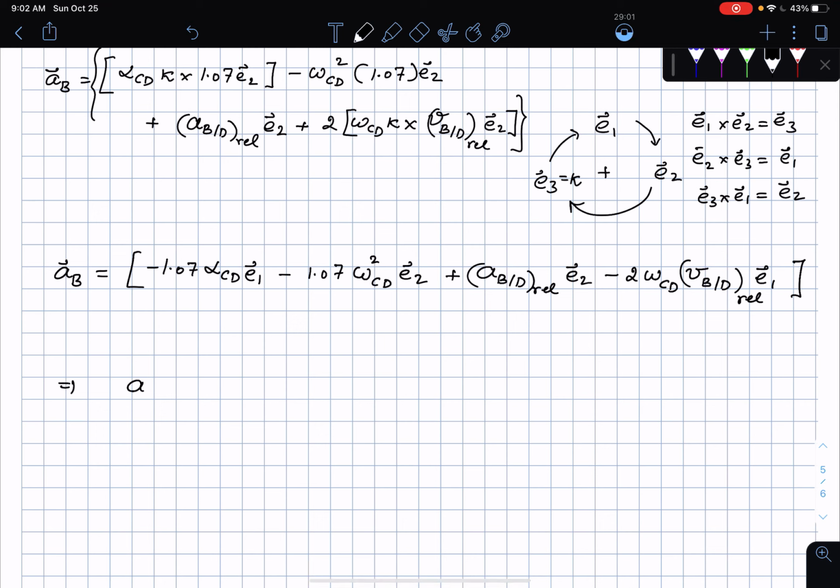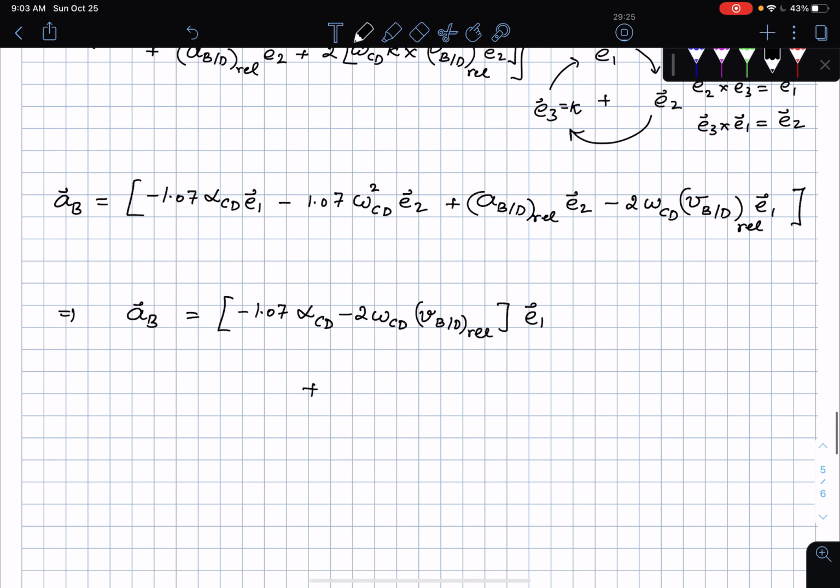So acceleration of B is minus 1.07 alpha CD in the E1 direction. Let's write all the E1 terms together: minus 2 omega CD V B slash D relative in the E1, plus the next set of terms, which is minus 1.07 omega square CD plus A B slash D relative.